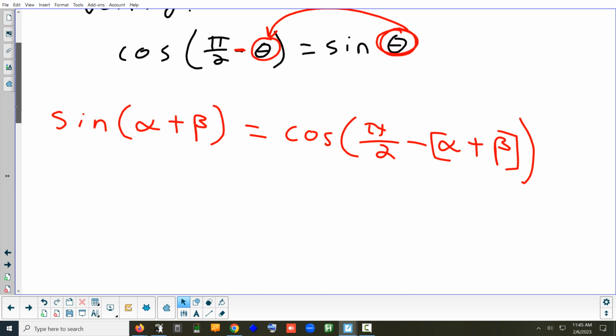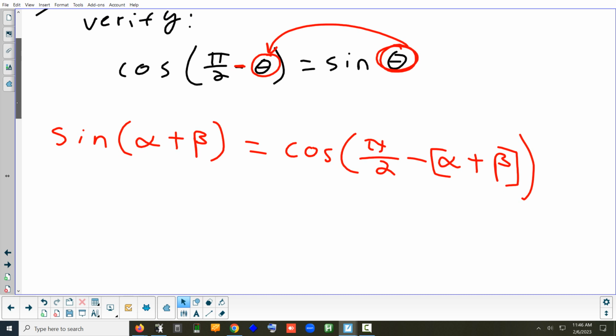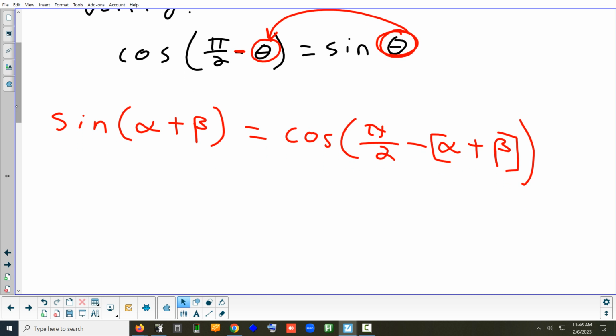So what's the final? Just what's in red? The cosine. Well, this is going to simplify. We're going to look at what that simplifies to right now. There are different ways to simplify it. What would be the easiest?